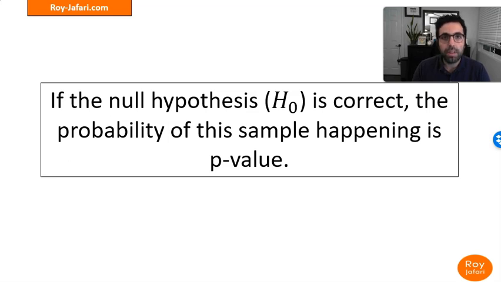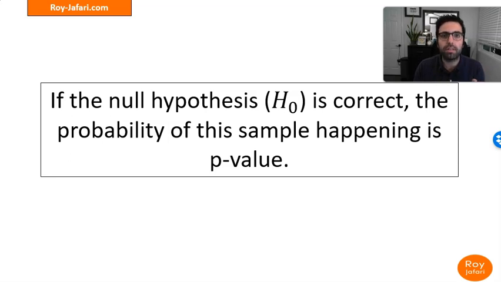If the null hypothesis is true, p-value is the probability of this sample happening. One more time, let me just read it. If the null hypothesis is correct, the probability of this sample happening is p-value, right?